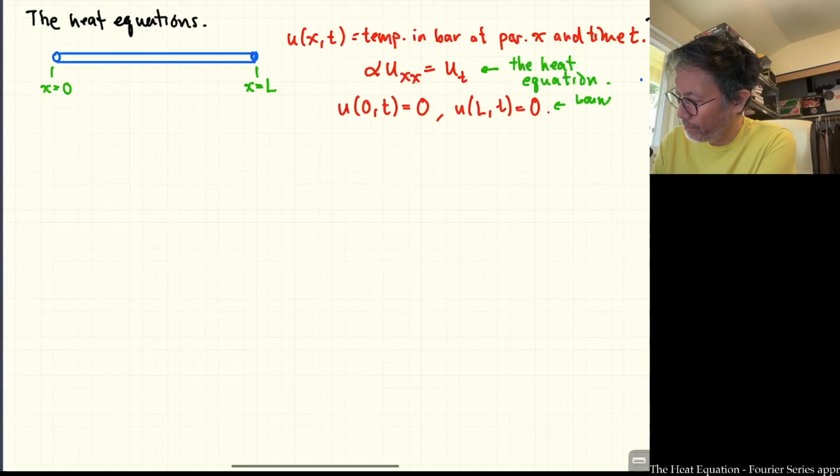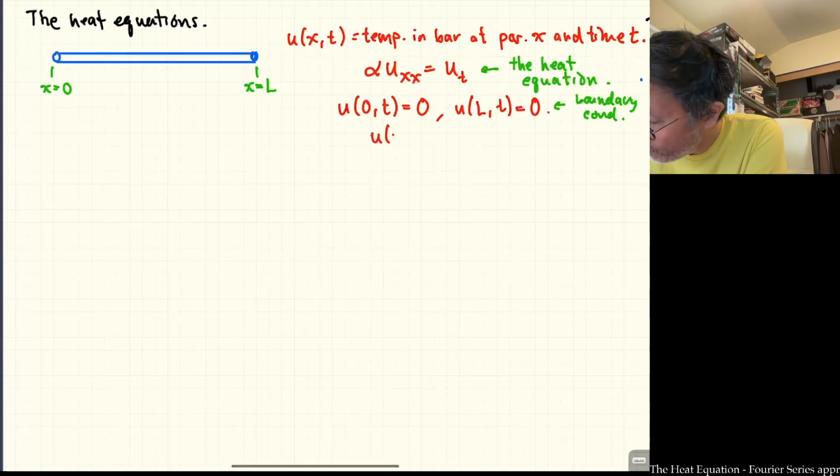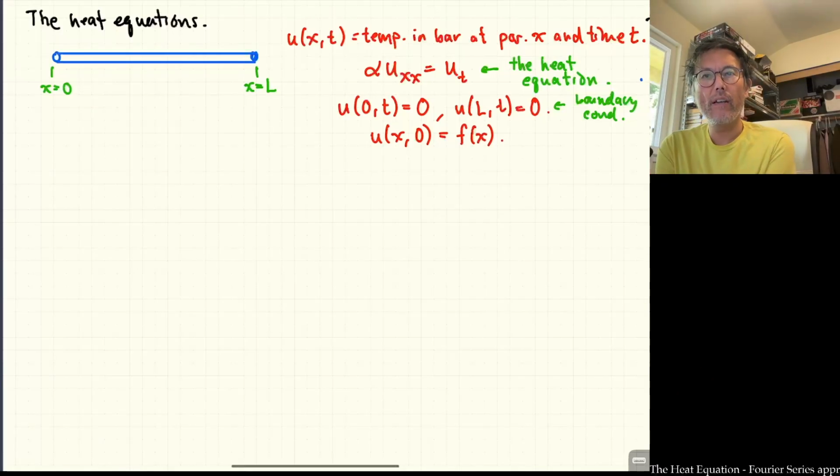And then we're going to have an initial condition for the bar. The initial condition is what's going on with the temperature distribution at time t equal to 0. We'll just call that f of x, and we'll keep f of x unspecified at this moment.